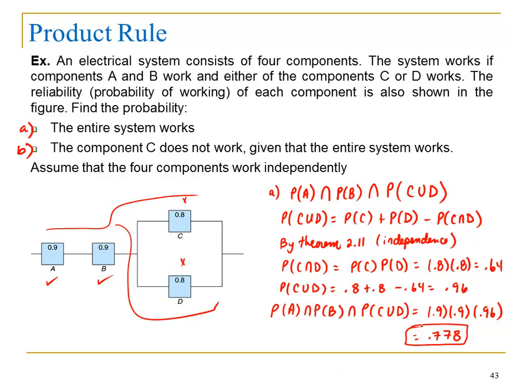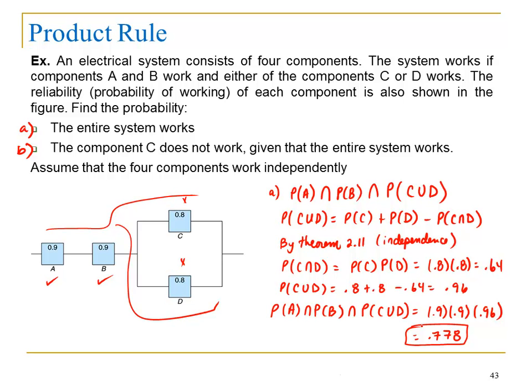So using this intersection, now we can find the union because we have this information, and this information, and then we can solve. So the reliability of this system is around 0.78.